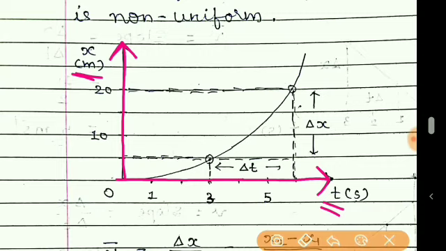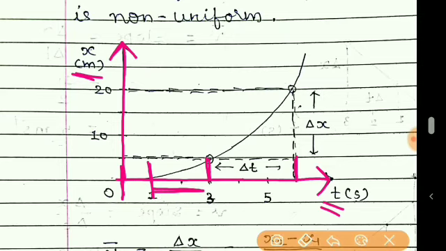Now in this case, if you find the average velocity between any two time intervals, then that velocity will be different. Suppose we consider the velocity between time t equal to 0 second to time t equal to 1 second, then at that time the velocity will be different.